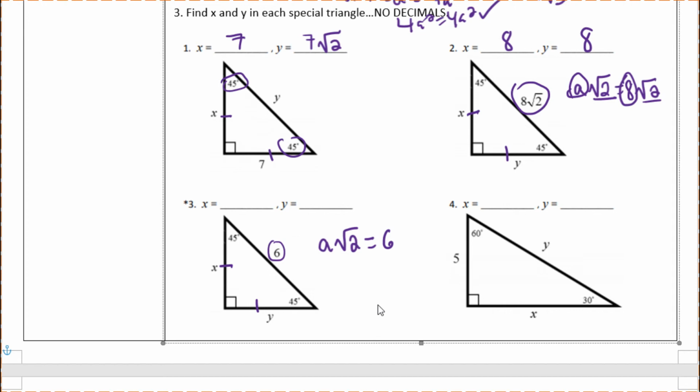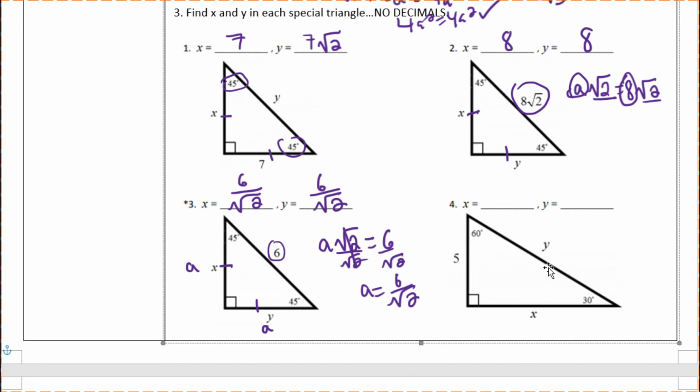We have to solve for a, because these are both a. So we have to divide by square root of 2. So a is 6 over square root of 2. But we just said a is x and x is y, right? So x is 6 over square root of 2, and so is y.